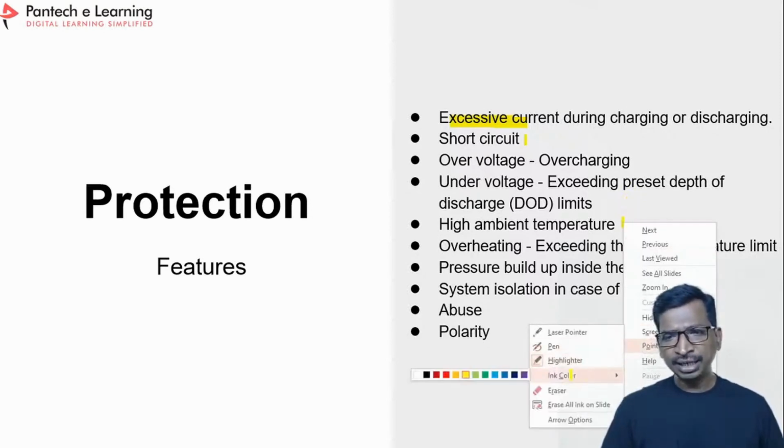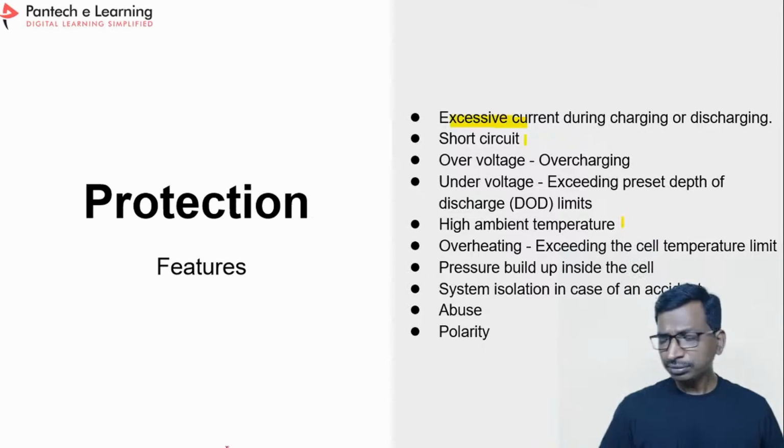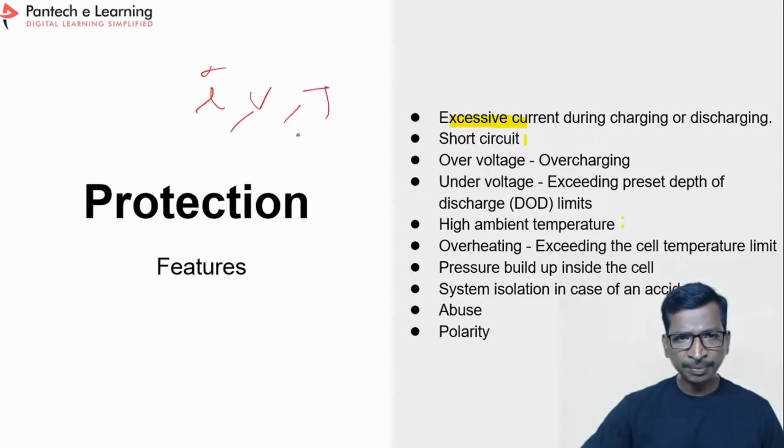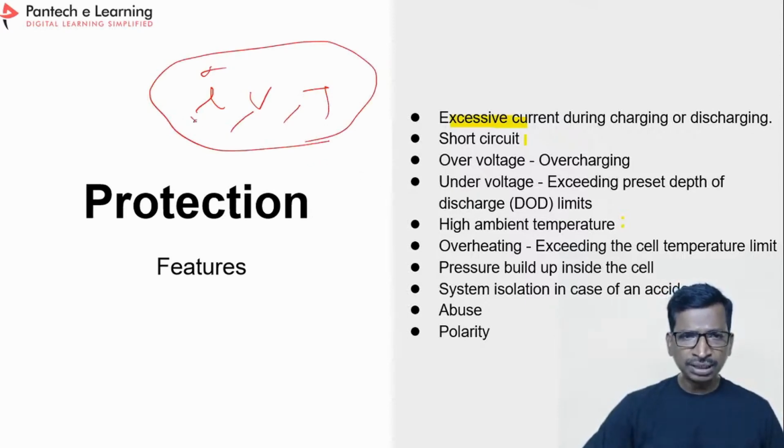If you have the parameters of current, voltage and temperature, if you know these three parameters, we can take a call. From the current parameter we can identify excessive current, short circuit current and other things. From the voltage parameter, you can identify over voltage, under voltage and other things.